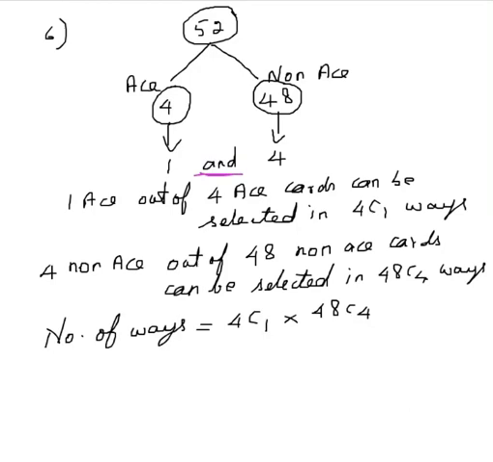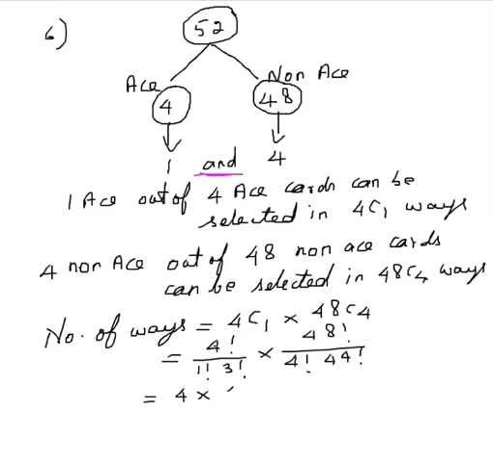Let us simplify this. 4C1 is 4 factorial divided by 1 factorial times 3 factorial. And 48C4 is 48 factorial divided by 4 factorial times 44 factorial. Cancel 3 factorial from 4 factorial, we have 4 here.